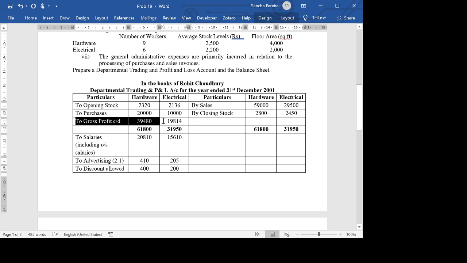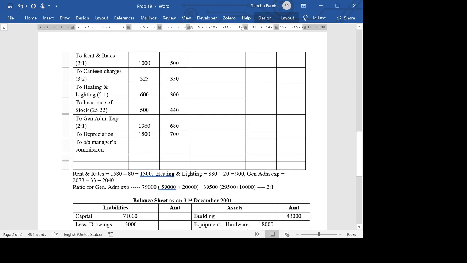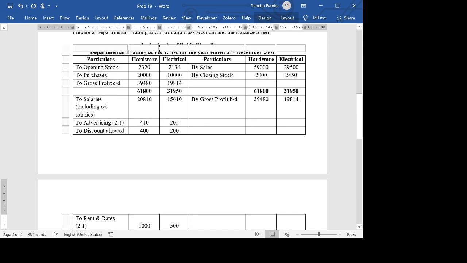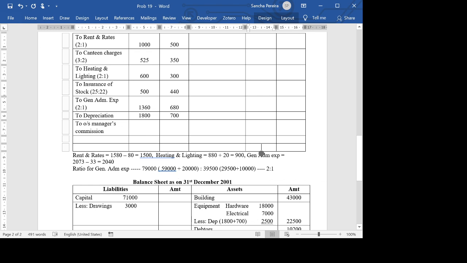Bring down the gross profit, by gross profit brought down. Okay. The total here will be, there's nothing else on the credit side, so it's going to be the gross profit itself, 39,480, and here we have 19,814.